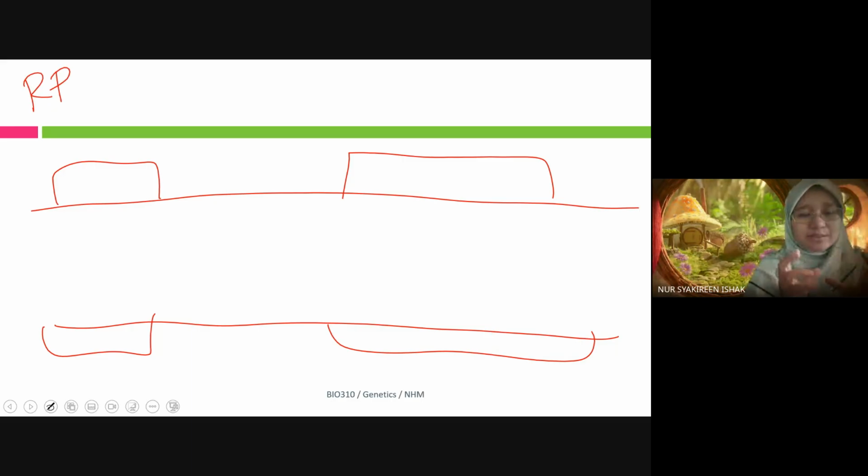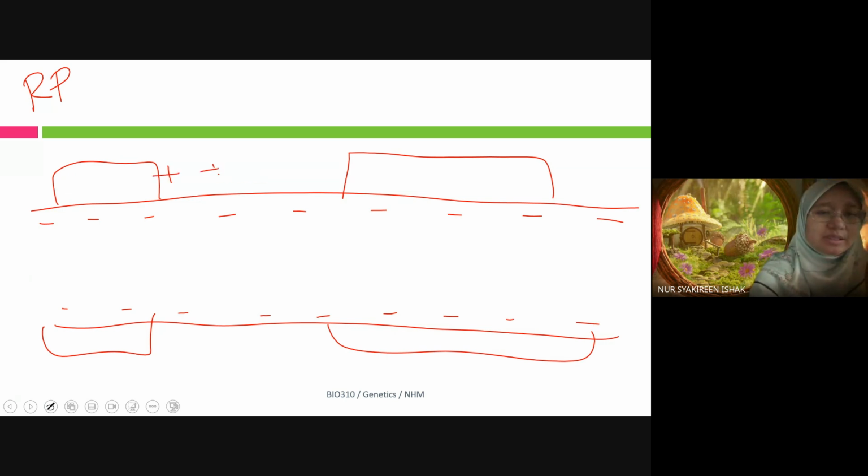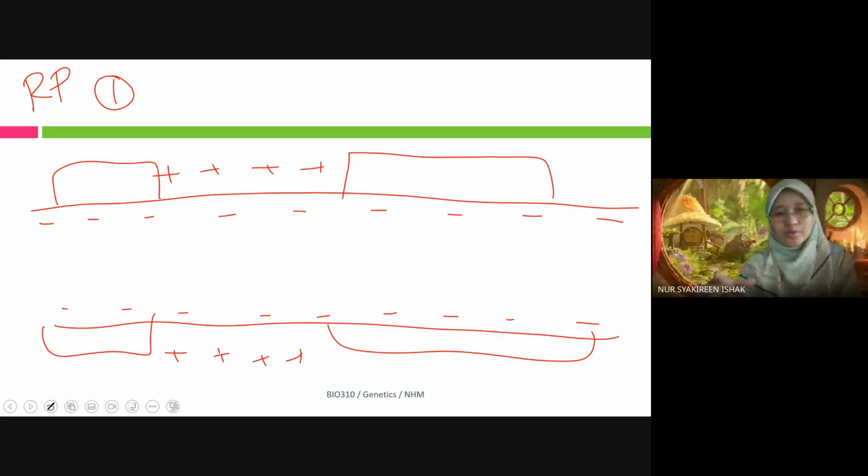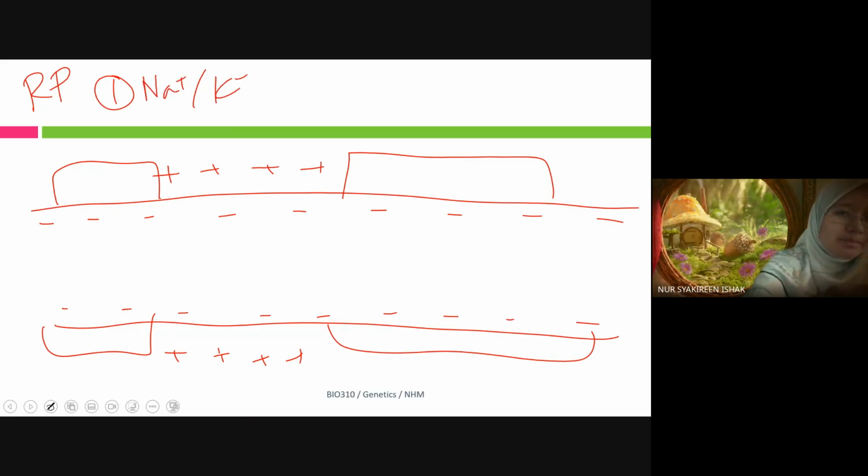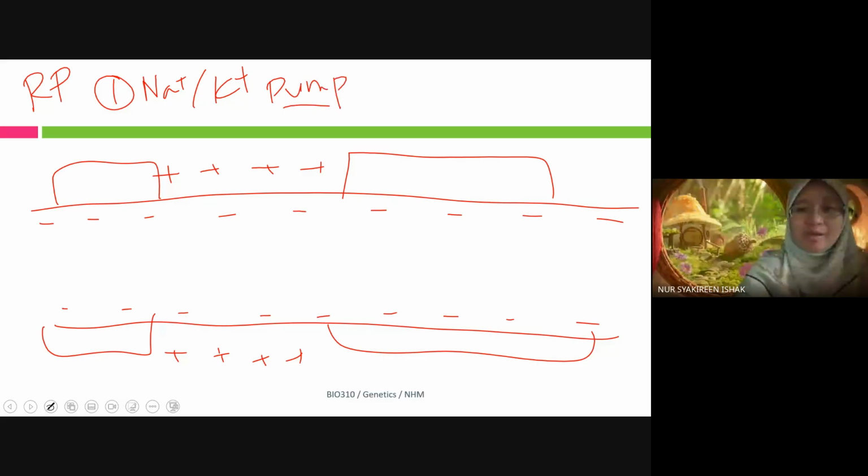Resting potential: inside the cell, it has to be negatively charged compared to the outside, which is positively charged. So the first factor that contributes to the negative charge inside the cell is the sodium potassium pump. You look at the pump, it involves what? Active transport.